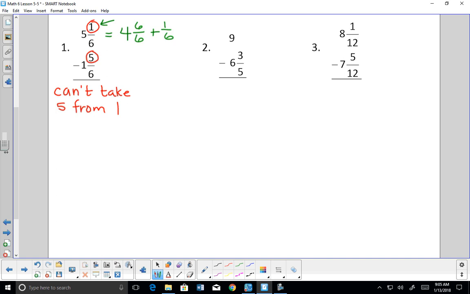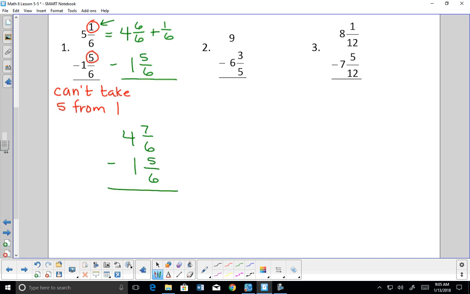I'm going to write that down here because I'm out of space up there. I'm going to subtract from that my 1 and 5/6. So if I have 4 and 7/6, and I'm going to subtract from that 1 and 5/6, 4 minus 1 is 3, 7 minus 5 is 2.